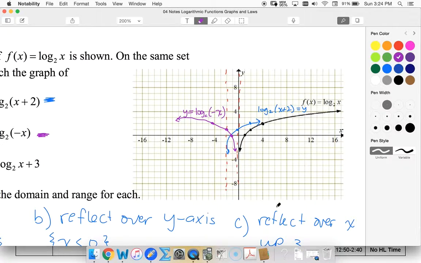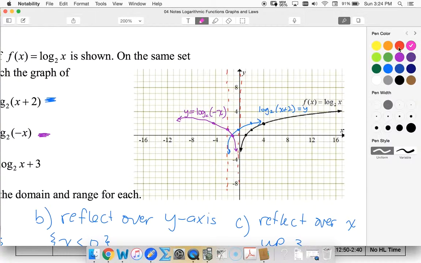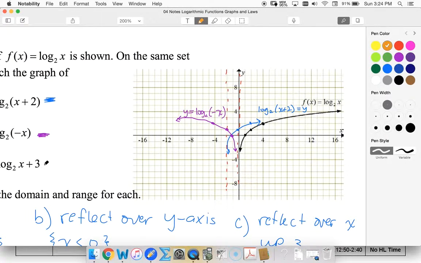And my last one, reflect over the x-axis and then move up 3. Let's go with orange. Okay, so we're going to move every point up 3 and first reflect over x and then go up 3. So reflecting stays the same, up 3. Reflecting comes down and then up 3.